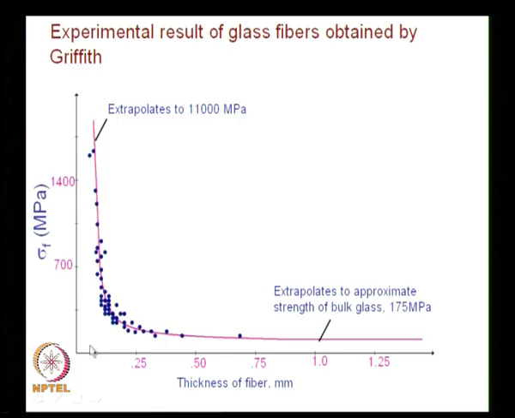Now, you take a fiber of glass thinner than this. What happens? When it is much below the size of that crack, you find the value approaches theoretical strength. So, now the story is complete. People were struggling why, when the size of the specimen decreases, strength increases.